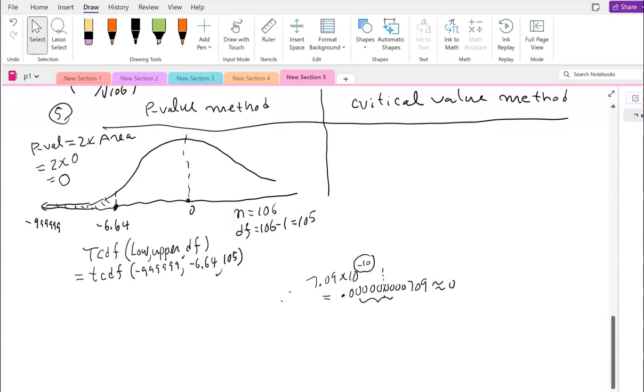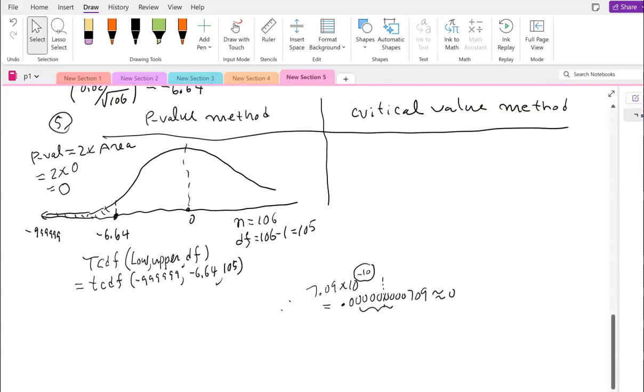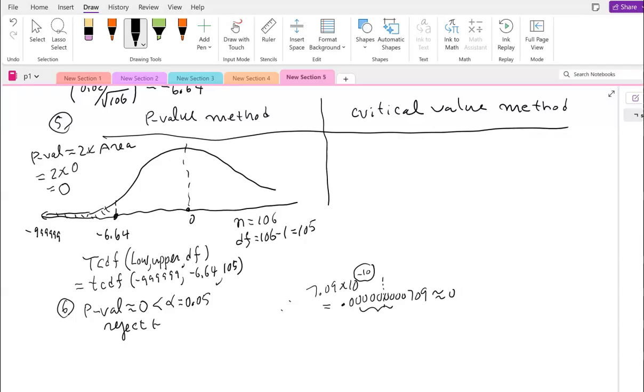So now, what do we do? The p-value is almost 0, which is less than alpha, 0.05. Okay? And when the p-value is less than alpha, what do we do? You reject the null hypothesis. Then it is case 1.